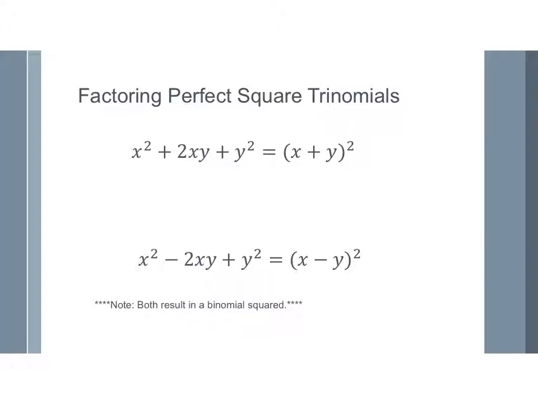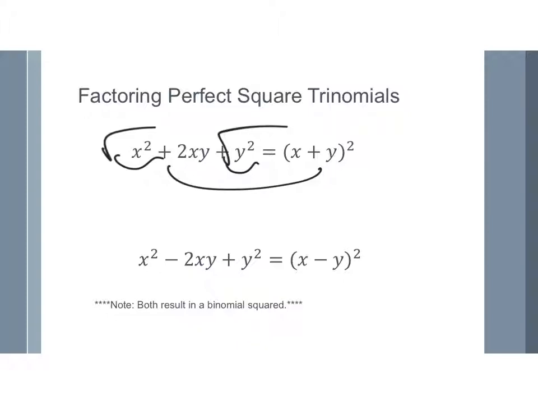So just remember that when the two ends are perfect squares, then chances are the answer is just going to be the square root of these, and then you square the binomial. The sign that goes in between is the sign that's in the middle. Now, I'll show you a trick that you can confirm that it does give you the middle term. So let's try some of these. Otherwise, we can still do the factor by grouping on these also.